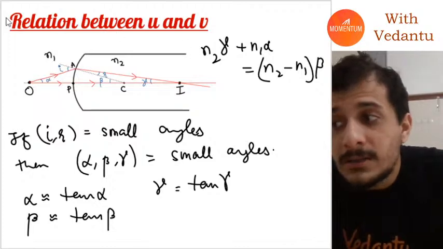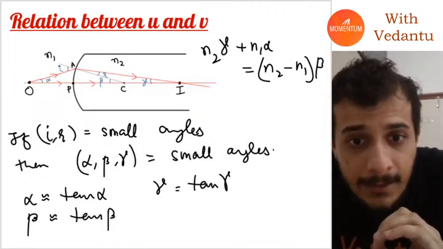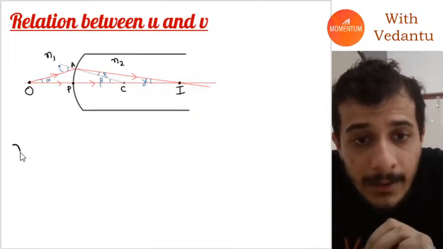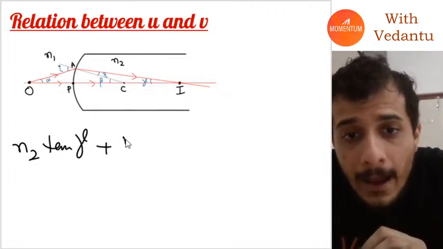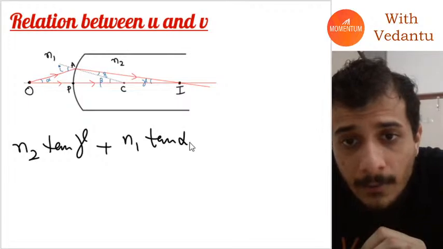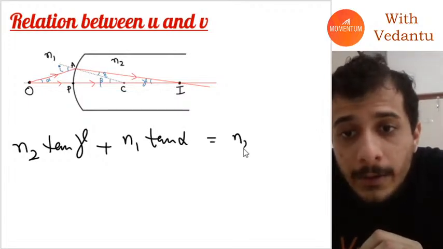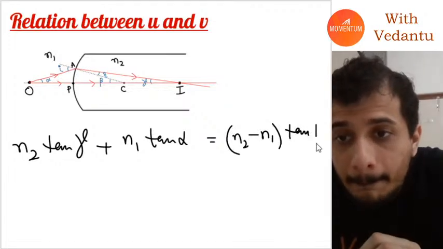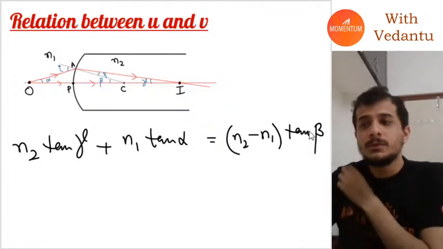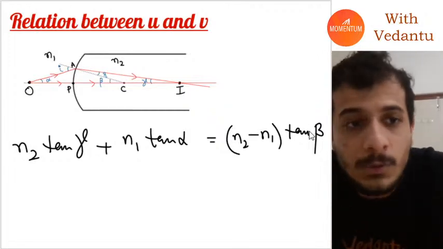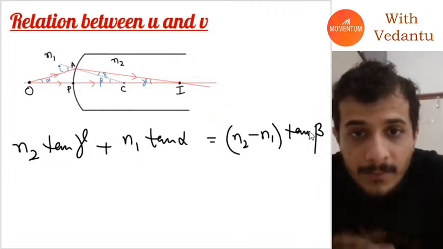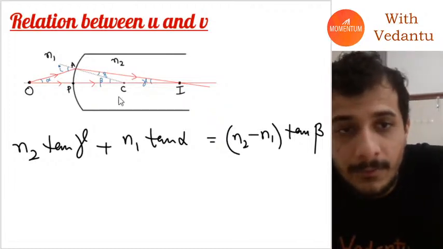Substituting, I can write n2 into tan gamma plus n1 into tan alpha is equal to n2 minus n1 into tan beta. I hope you guys can see this.